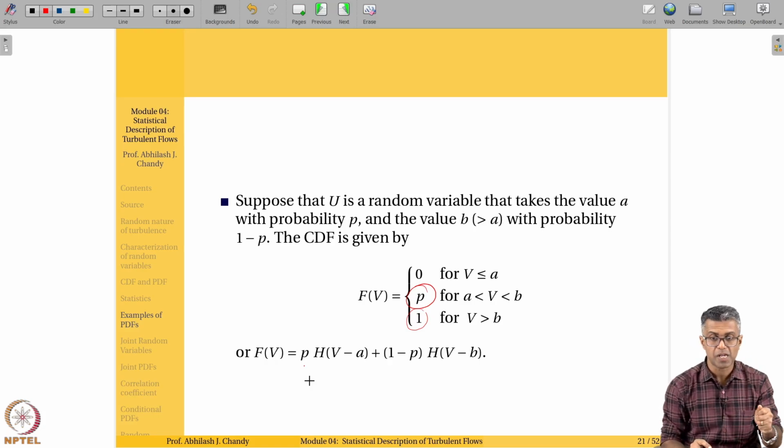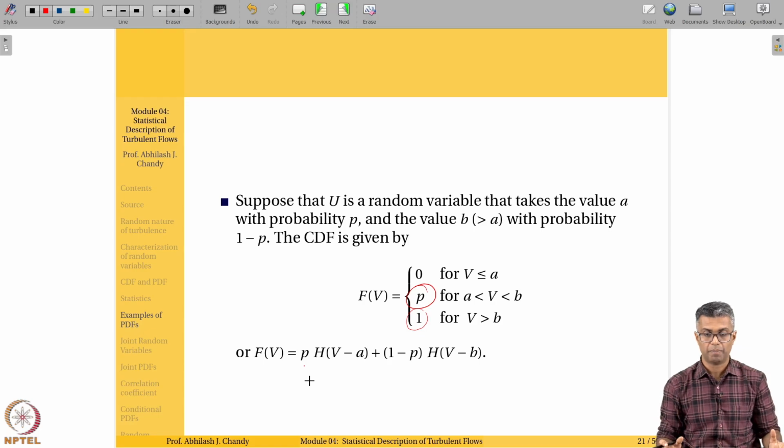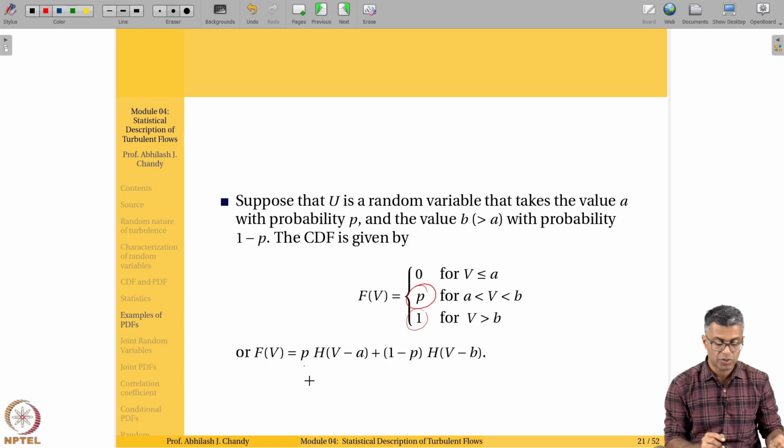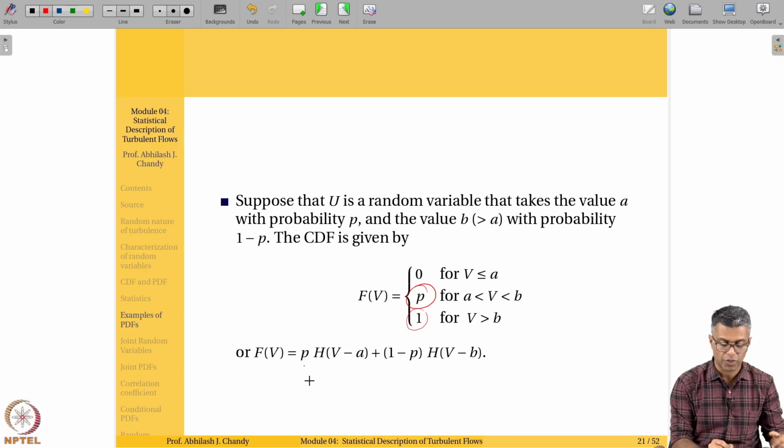It has a probability of p between a and b, and above b it has 1, because it takes two discrete values. So we use the Heaviside function to write it as a single function. F of v is equal to p times the Heaviside function of v minus a plus 1 minus p times the Heaviside function of v minus b.